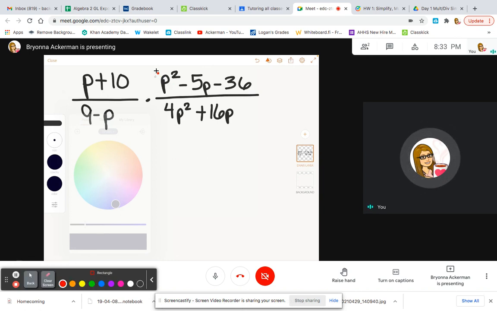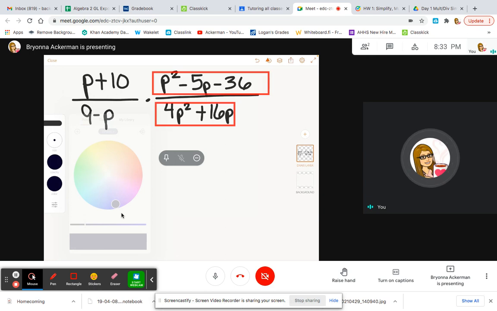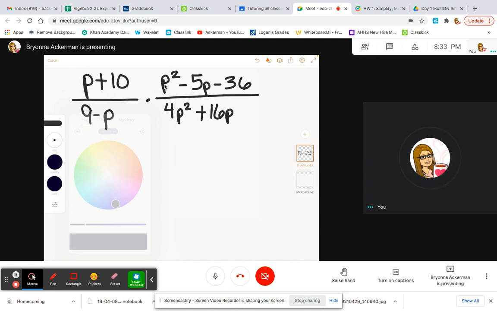And so we're going to factor this piece first and this bottom piece. These are already factored up here, so those will stay the same. So what we need to do in order to do that is factor p squared minus 5p minus 36.